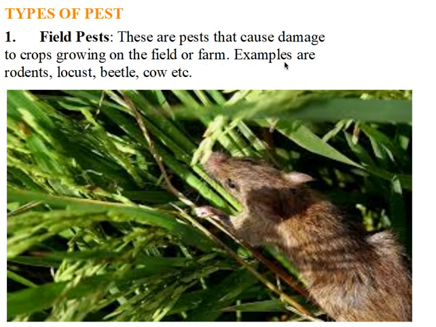Examples are rodents like rats, mice, and then we have insects like locusts, beetles, and then mammals like cows.